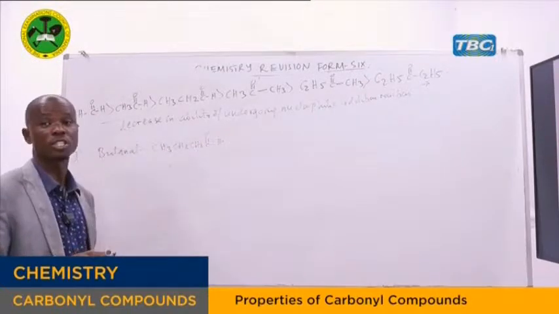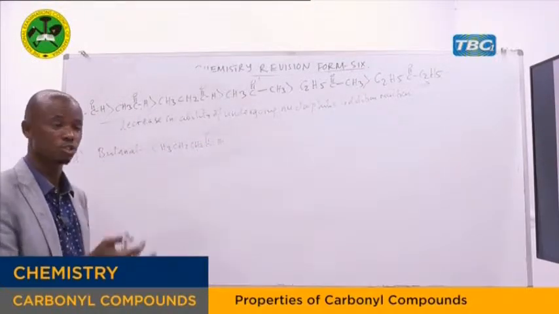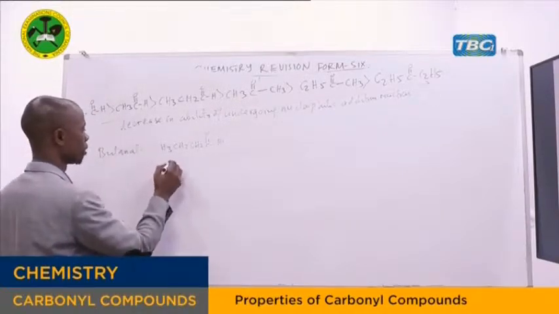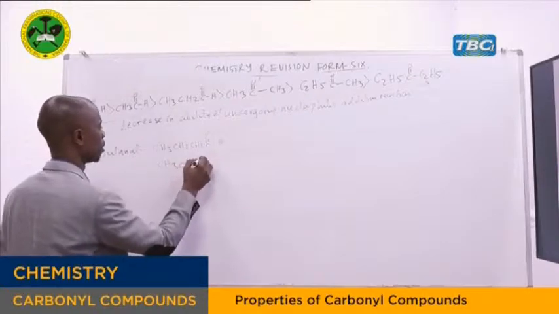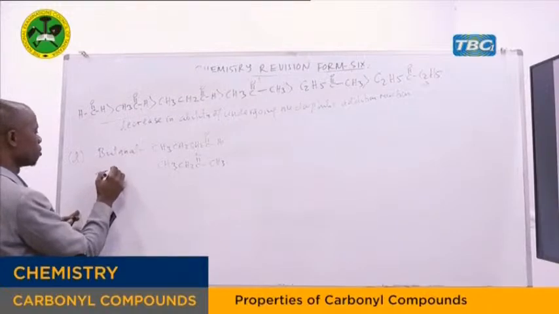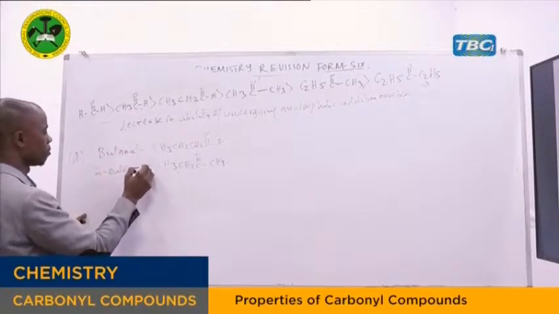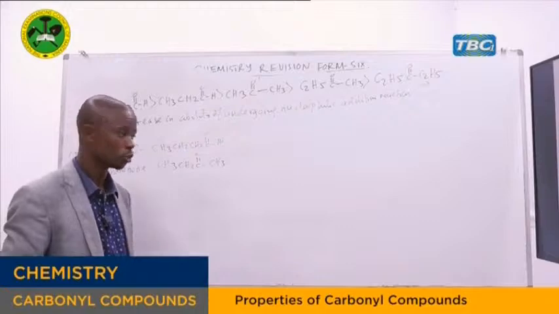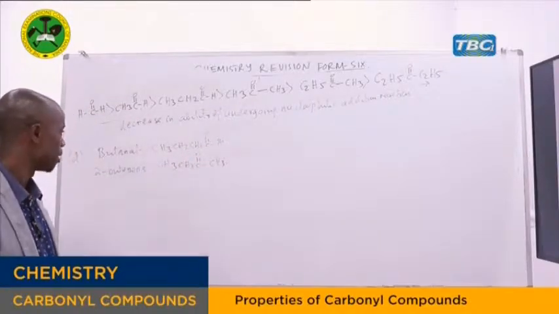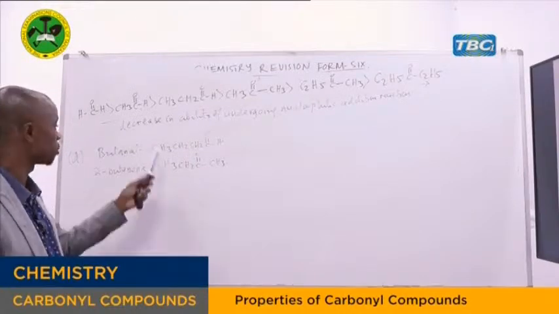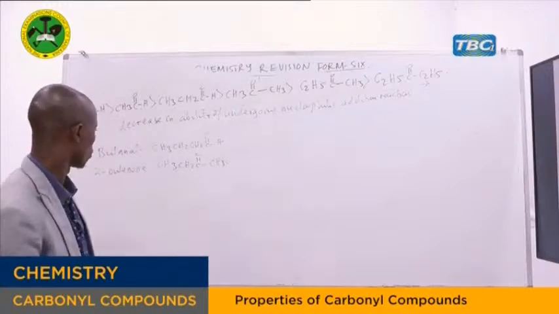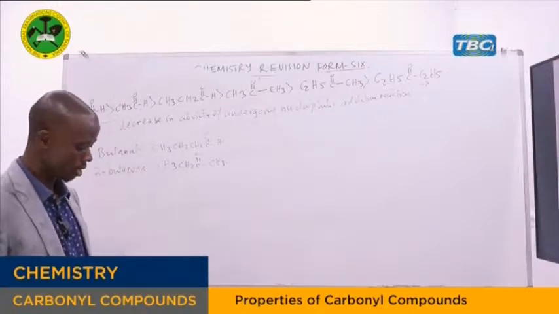Now the isomer of this one is a ketone, because the two classes are isomers of each other. So here we are going to have this one. This is called 2-butanone. So you can look at the differences in the position of the carbonyl group. They are isomers of each other. When you count the number of carbon atoms or the number of atoms in both, they are the same. So that is the first example.